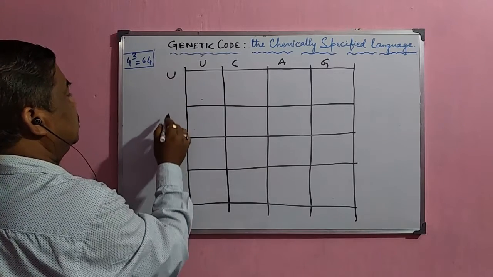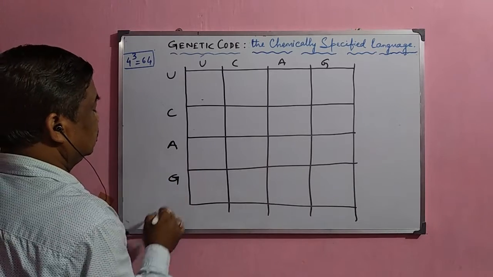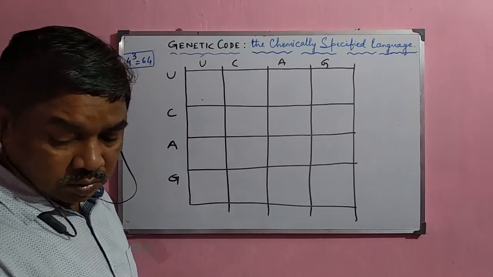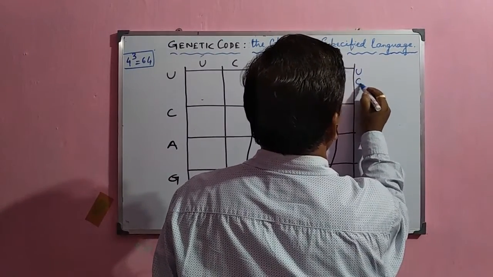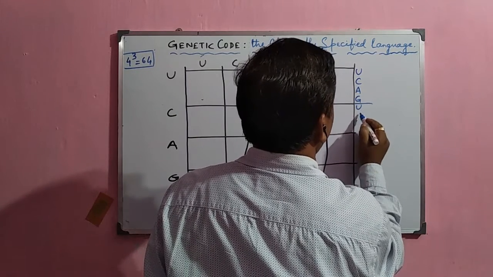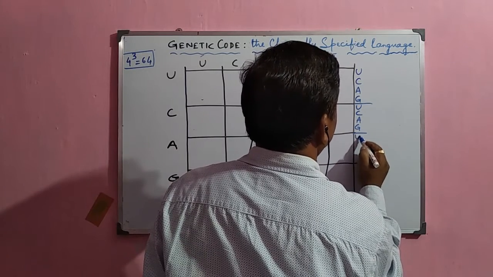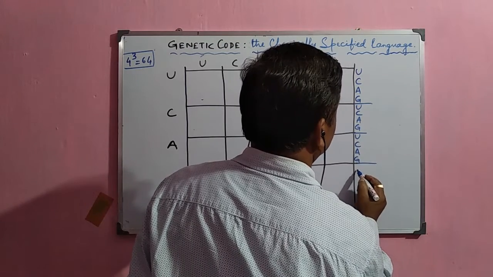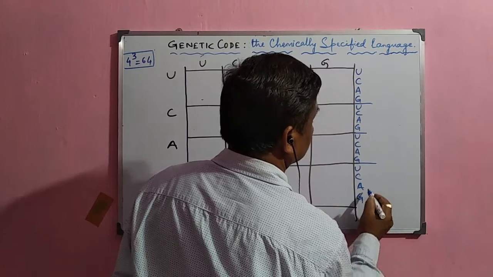Suppose here U, C, A, and G. Now here in the third axis, you will have U, C, A, and G, and U, C, A, and G.